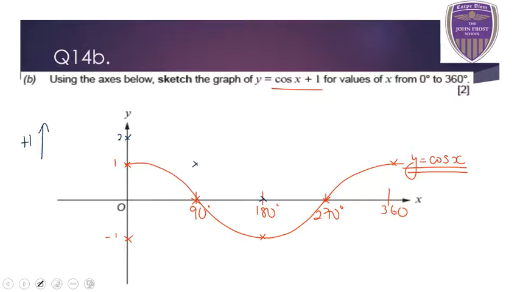Naught will become 1. And then again, 1 will become 2. So the graph of y equals cos of x plus 1, oh dear, would be something like that. So that's your y equals cos of x plus 1. Remember, it's a vertical shift of plus 1.